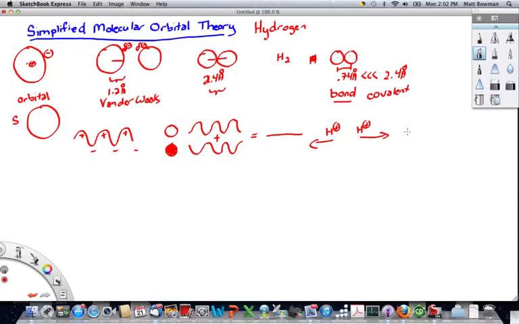This is what is referred to as an antibonding interaction. These are very high in energy. They are essentially destabilizing forces.